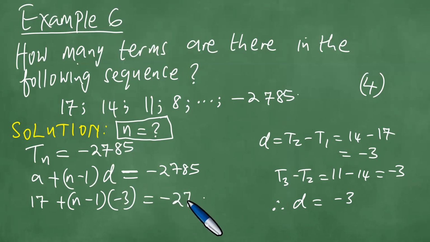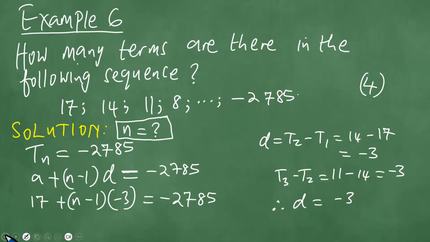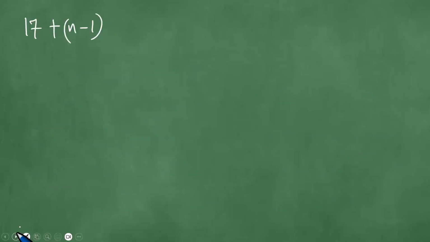So we have minus 2785 equals 17 plus n minus 1 into minus 3.